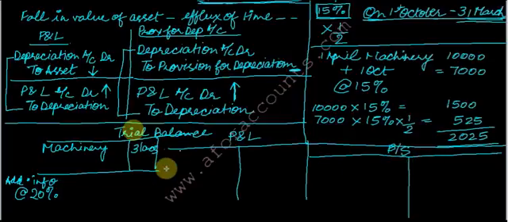So to depreciation on machinery, in the P&L it is an expense. 20% of 3 lakhs is 60,000. So debited to the P&L account.